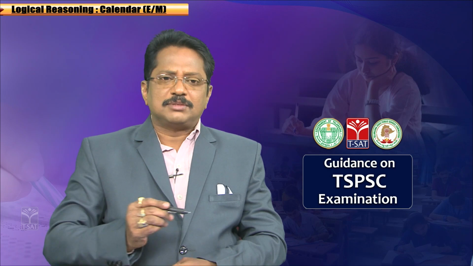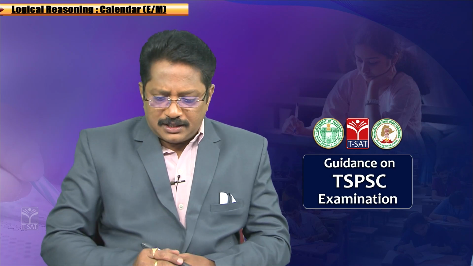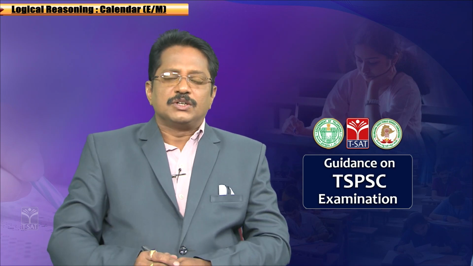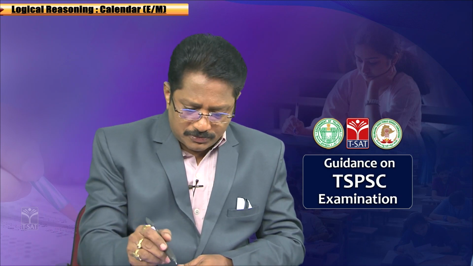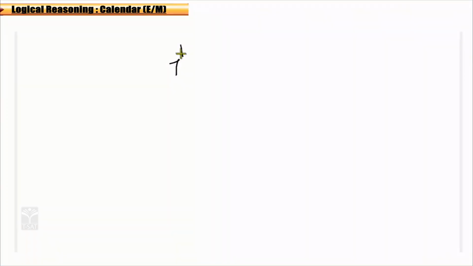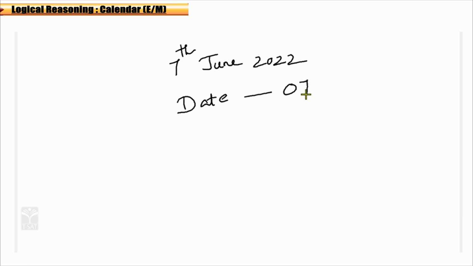The method is very simple. What you have to do: what is the date now? First write the date, 7th June 2022. For calculating the day, the first thing is to write the date first. What is the date? 07, correct?